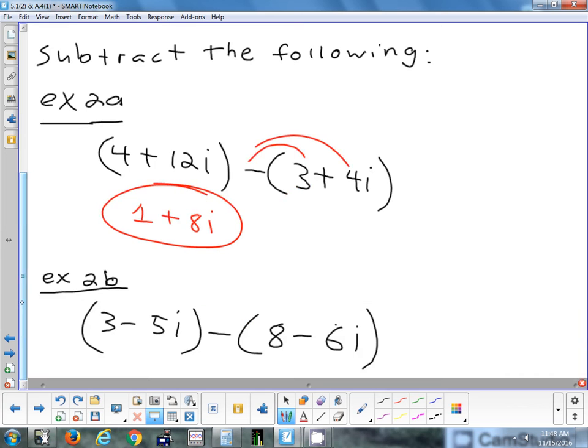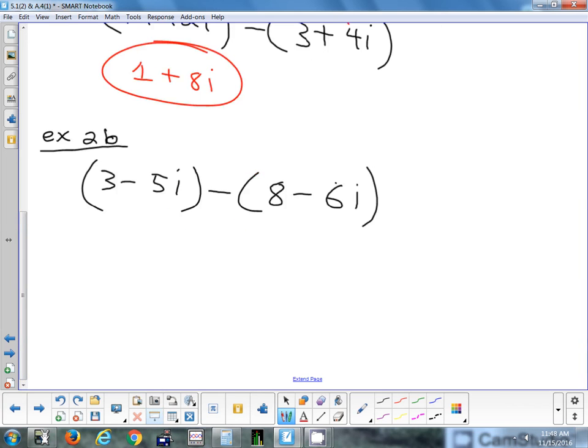Okay, and last one for subtraction. 3 minus 5i minus 8 minus 6i. Anyone think they can tell me the whole thing there? That's the final answer.